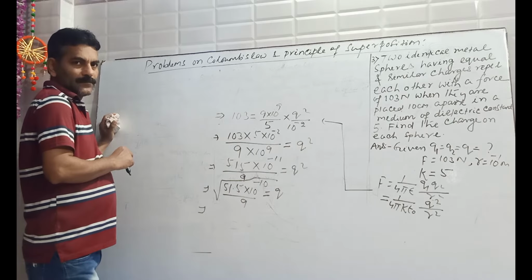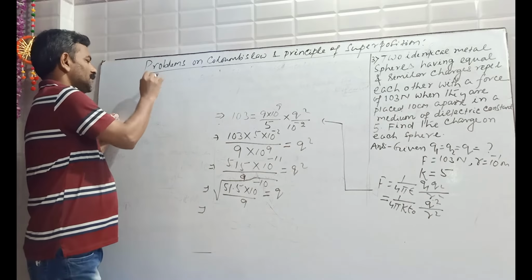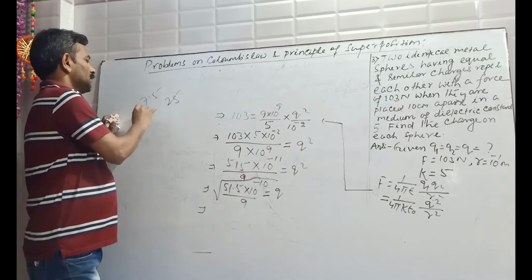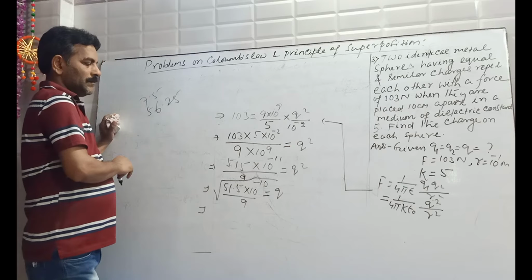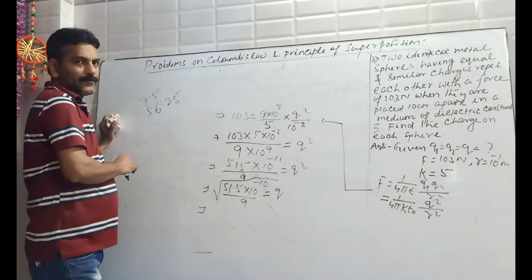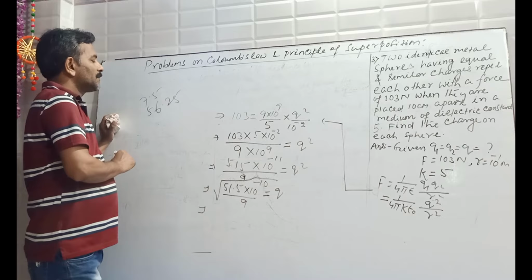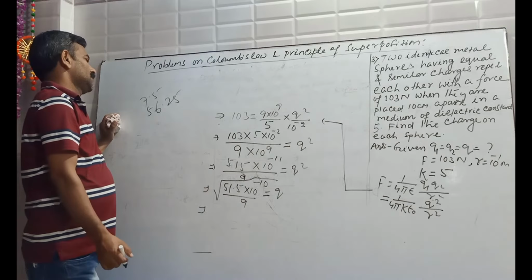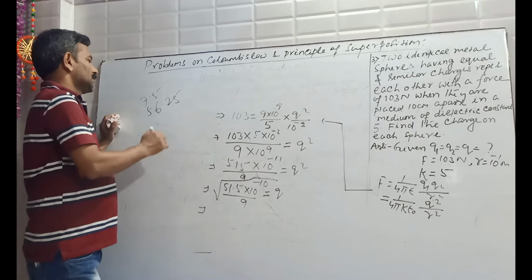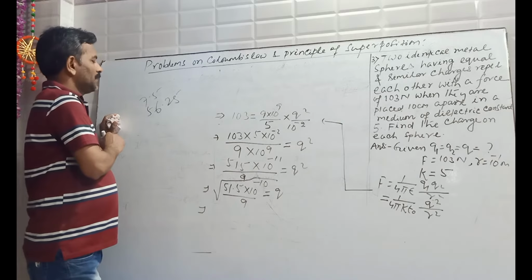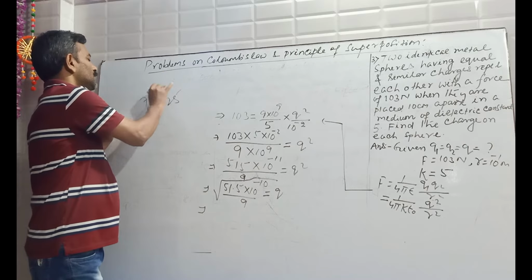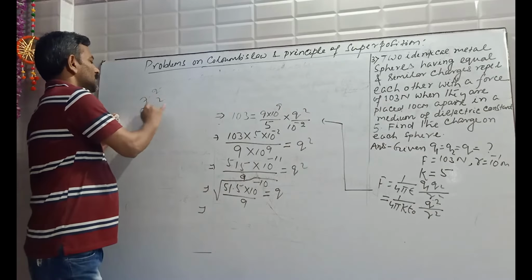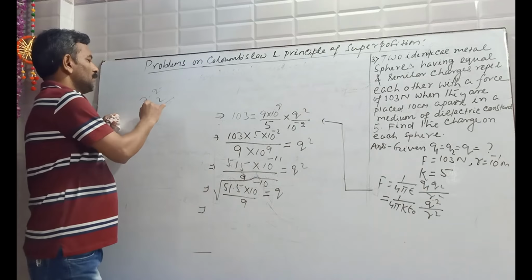Seven point something. If it is 7.5, that should be 56.25. So it will be less than that, say 7.2 into 7.2.